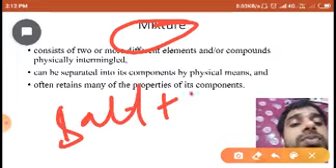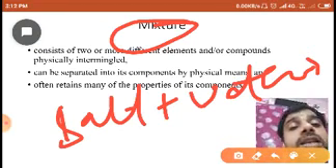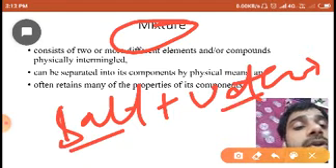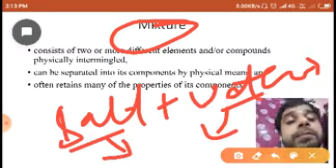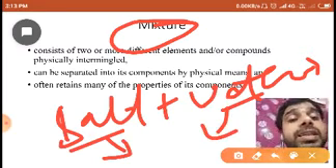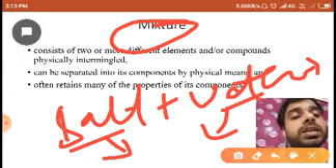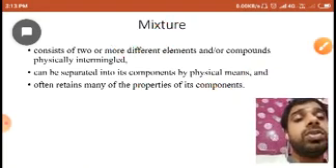Salty water is the mixture, but the components are salt plus water. Salt will also retain its properties, water will also retain its properties. If I drink that salty water, it will contain the taste of the salt, salty. So this is the mixture.